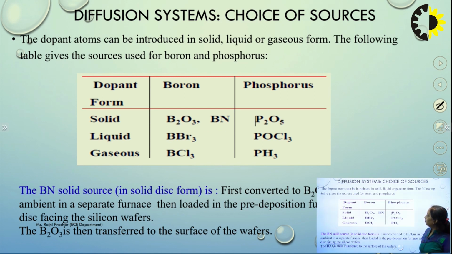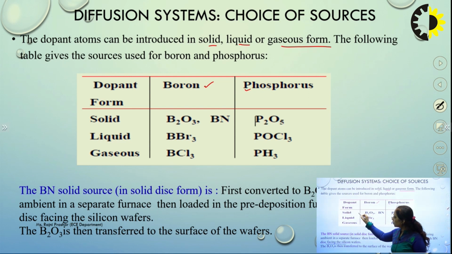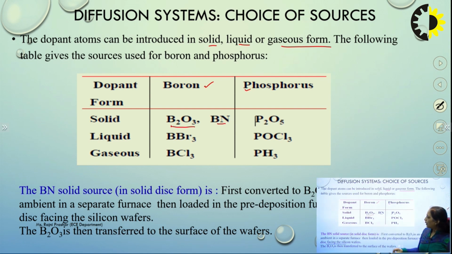Under this diffusion system, we can dope either boron or phosphorus, right? Dopant atoms can be introduced in solid, liquid or gaseous form. The following table gives the sources used for boron and phosphorus. For boron, in solid form it is B2O3 or BN, in liquid form it is the BBr3 compound, and in gaseous form it is BCl3.